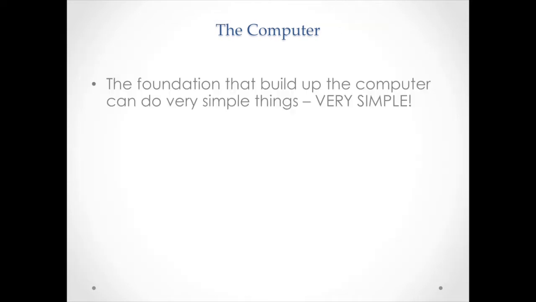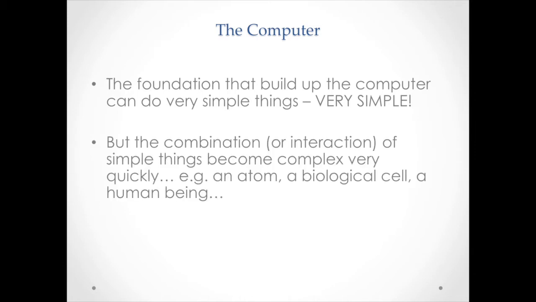Now, the foundation that built up the computer can do very simple things. Actually, very, very simple, and we shall see how simple it is. But the combination or interaction of simple things becomes complex very quickly, such as an atom interacting with other atoms and molecules, building up into a biological cell, and biological cells work together.